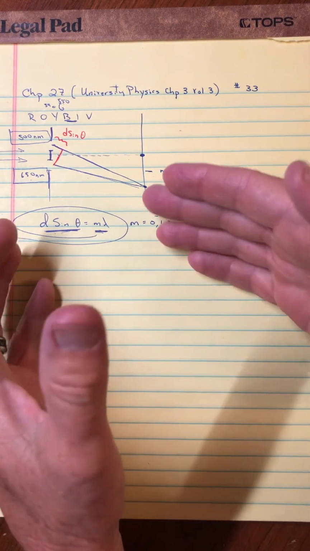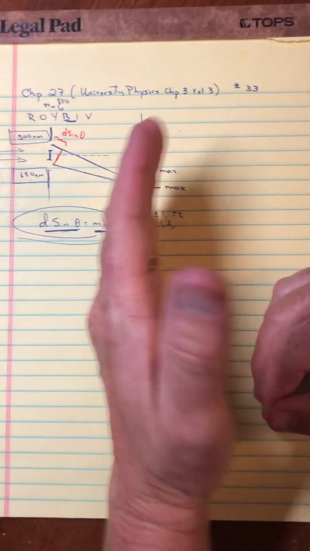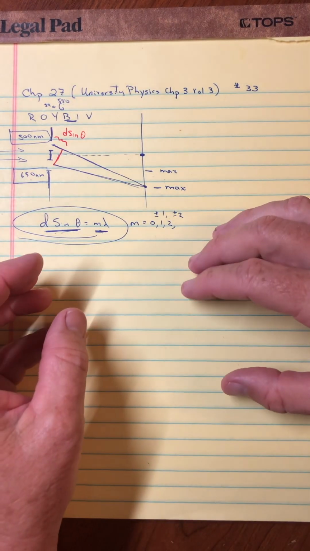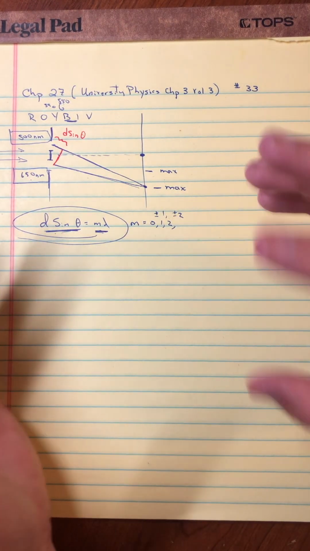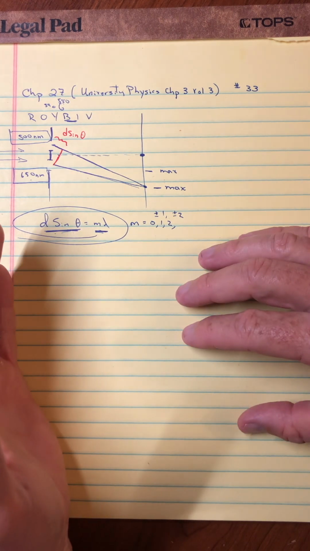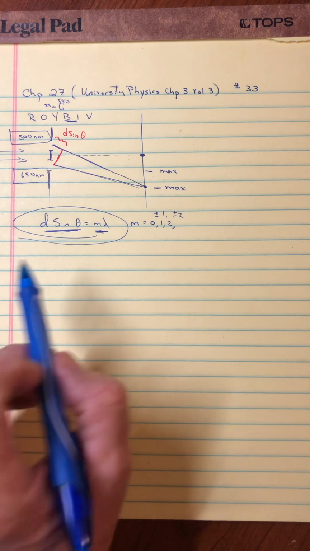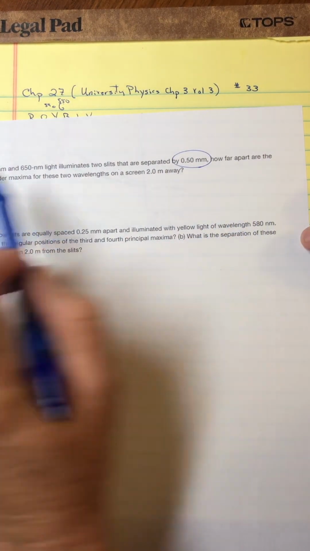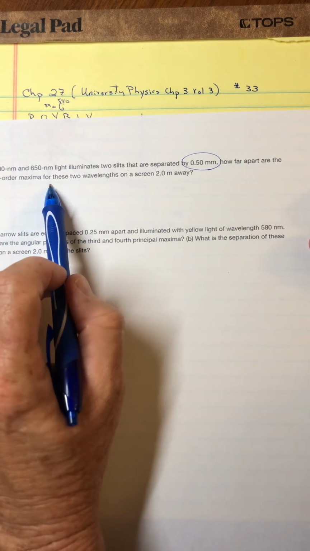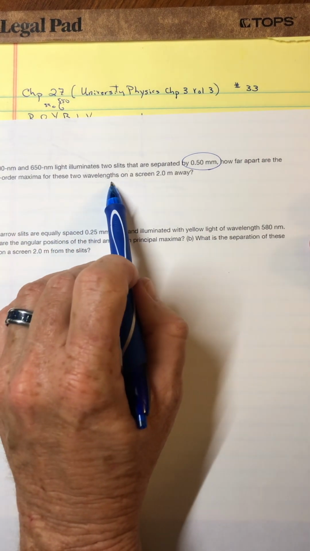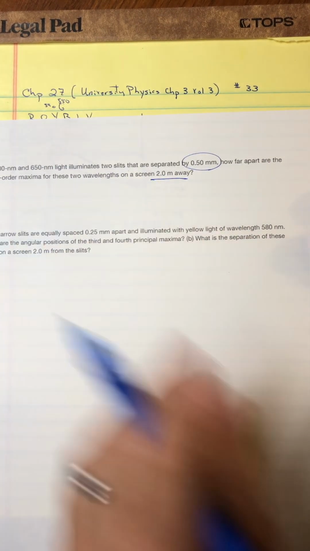So hopefully what you would see is a red pattern, bright, dark, and on top of that, or underneath, however you want to look at it, the blue pattern, bright, dark, bright, dark. And that's really the key to this problem, because it says here, how far apart are the second order maximum for these two wavelengths on a screen that is 2 meters away?